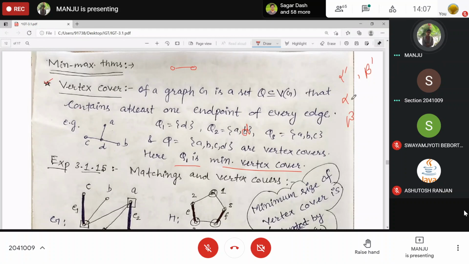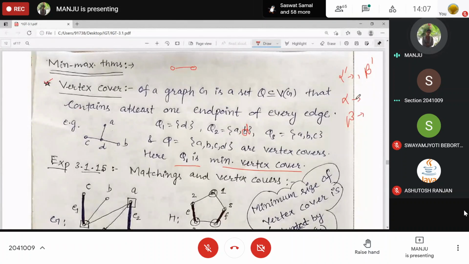What are these? Alpha and alpha dash are the maximum, and beta and beta dash correspond to minimum. Whenever dash is there, it corresponds to edges, and alpha and beta without dash correspond to vertices.